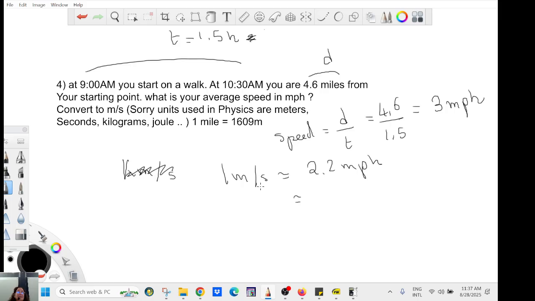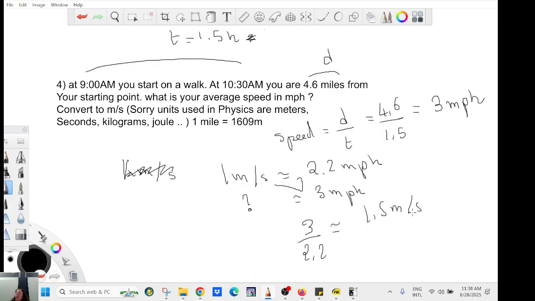So 1 meter per second is about 2.2 miles per hour. And you have 3 miles per hour here. So 3 divided by 2.2, which is about 1.5 meter per second. About.